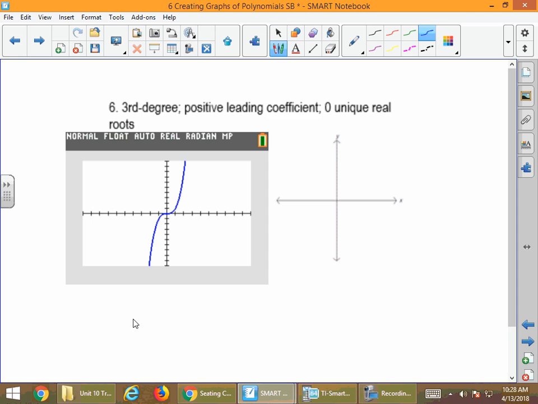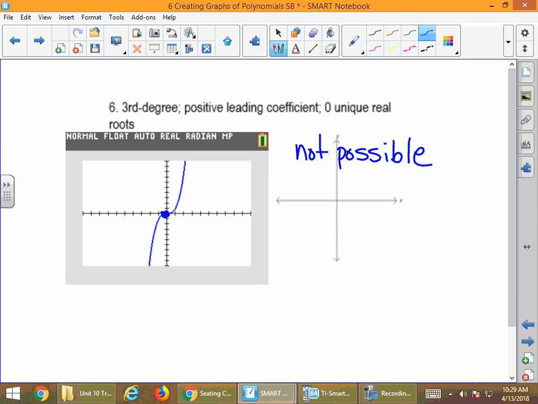But we have an x-intercept right there. We have a root. Again, this is the most basic of cubic functions. We cannot draw a picture where we don't cross the x-axis, which means ultimately that this is really not possible. And the reason is that a cubic function has to cross the x-axis.